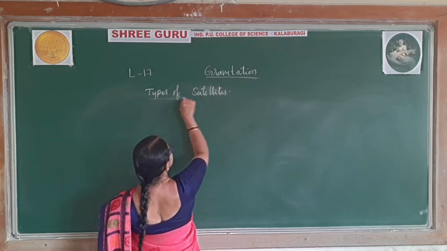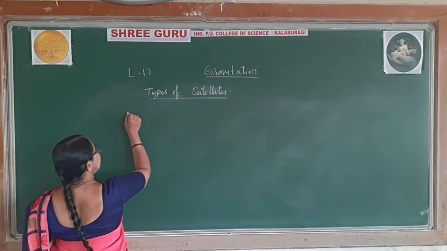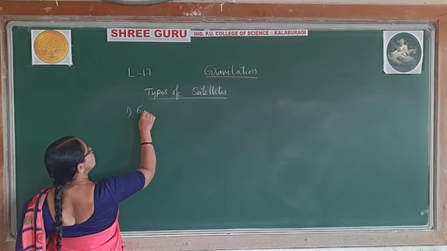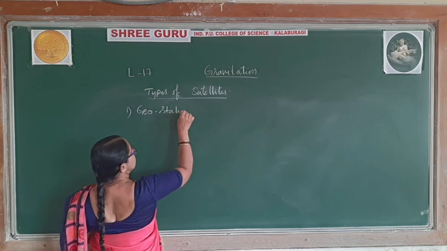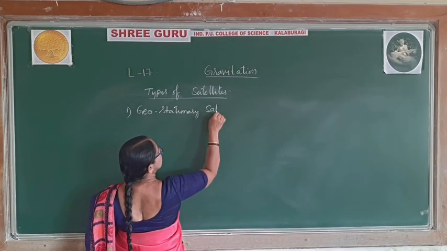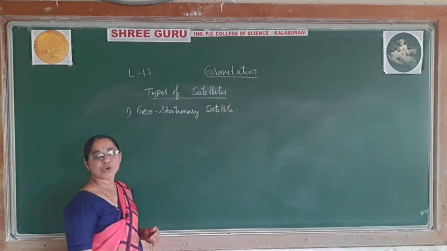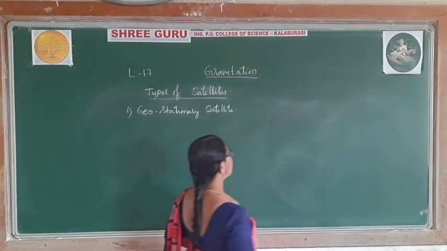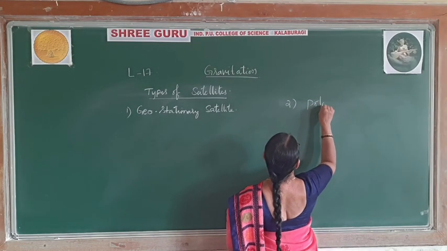This is types of satellites. Under that, the first one we come across is the geostationary satellite. The second one we come across is called polar satellites.